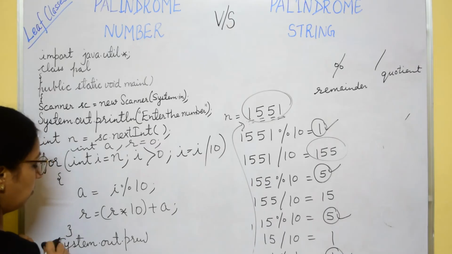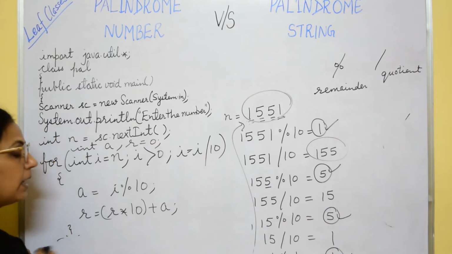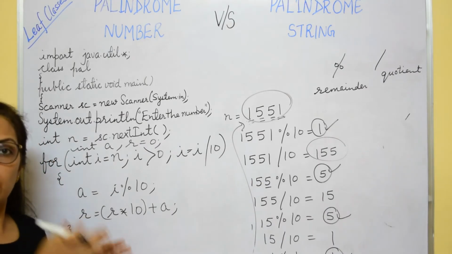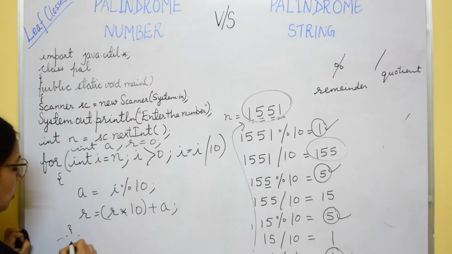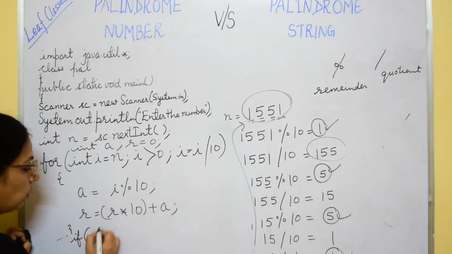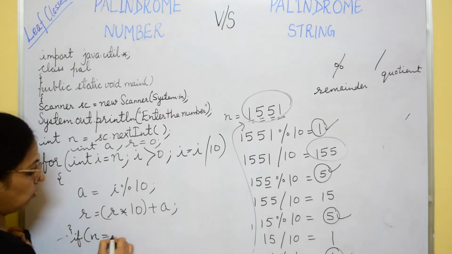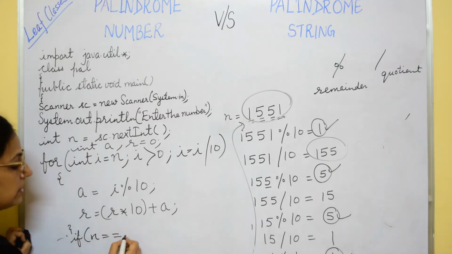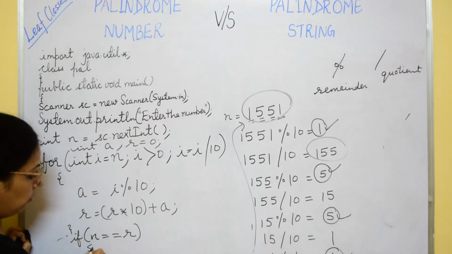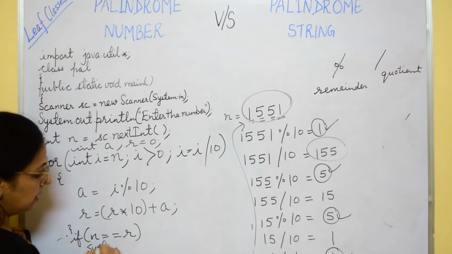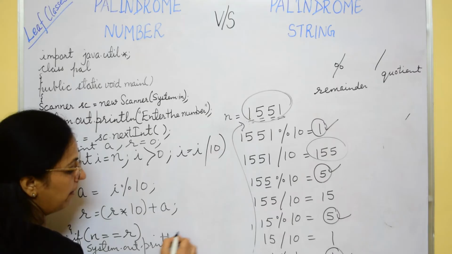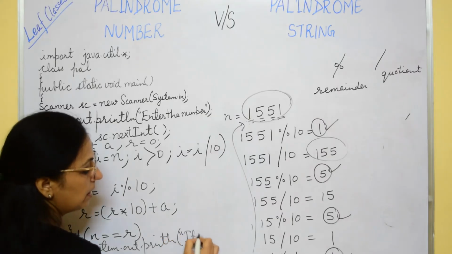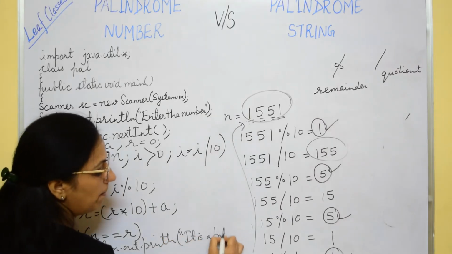Here we don't want to print the reverse number. In case you want to print the entered number and the reverse number, you can do that. Otherwise, you have to check whether it is a palindrome or not. So you will check using an if statement. If n is equal to r, you write the print statement System.out.println: it is a palindrome number.